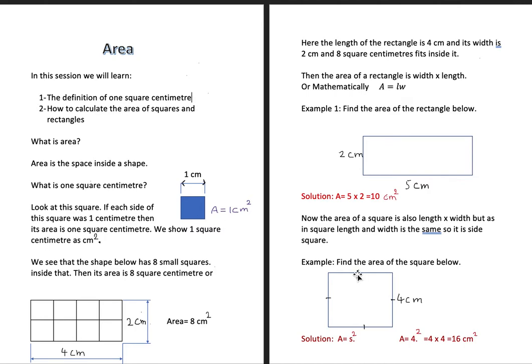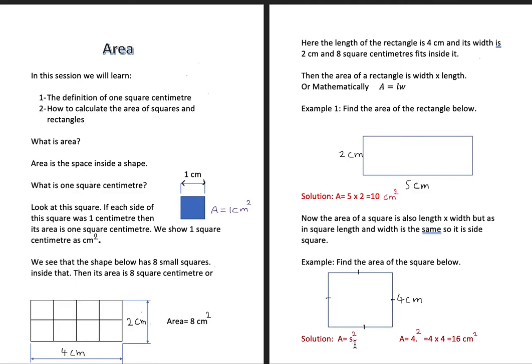And then if I want to find its area, I need to times this by this, length by width, which both of them are just the side. We call it one side because they are the same. So then side times side or side squared. So the formula for the area of a square is length of each side squared.